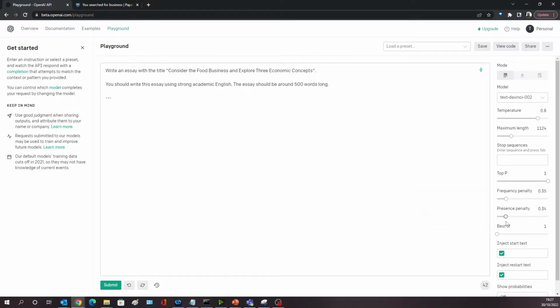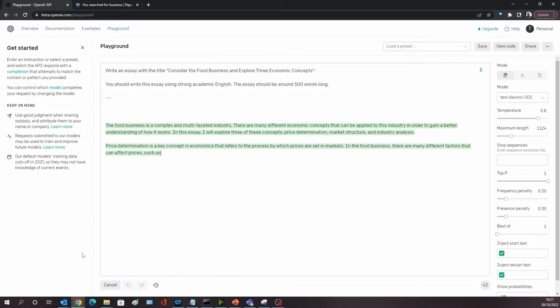So again, I can push this up, and there are various other things you can do here because this is a model. You can explore these. You get some free credits to start off your use of the OpenAI software GPT-3. But let's run this again. Let's see what we get back. Food business is a complex and multifaceted industry.